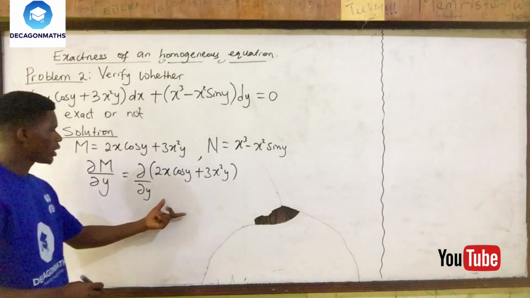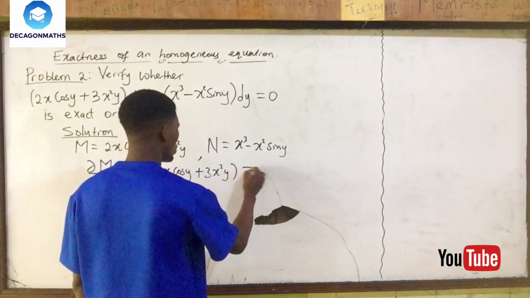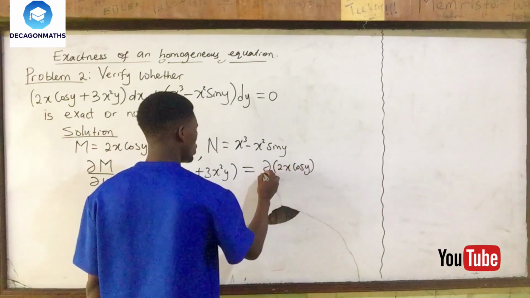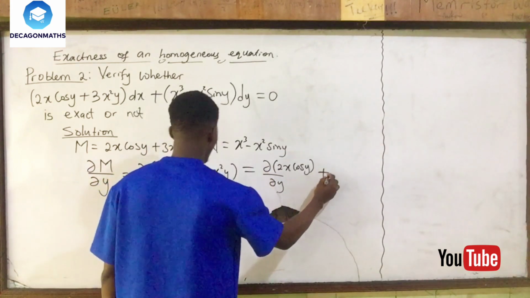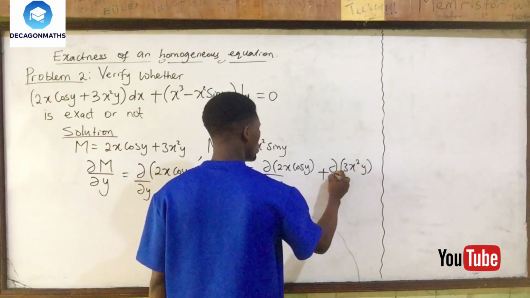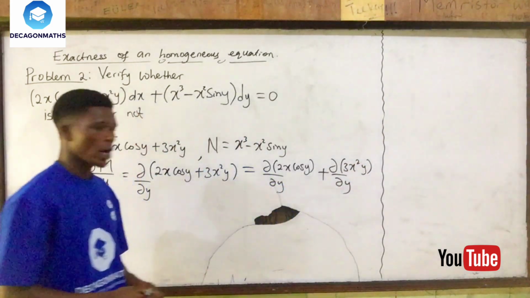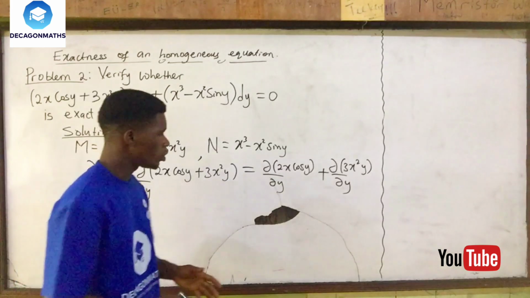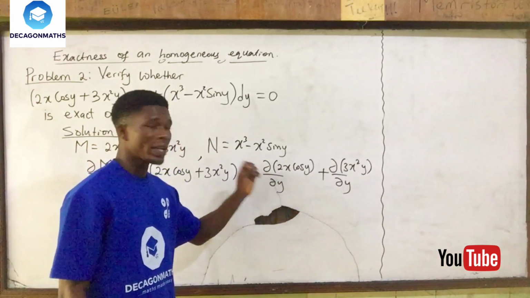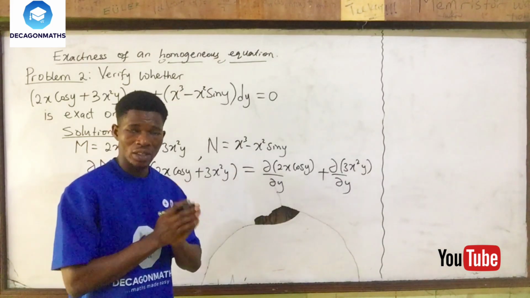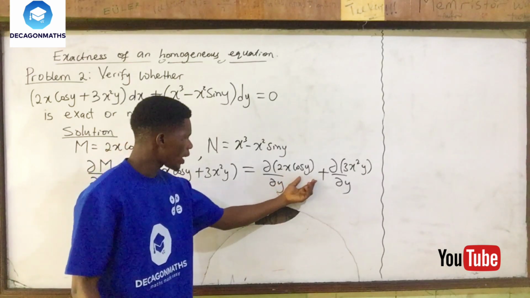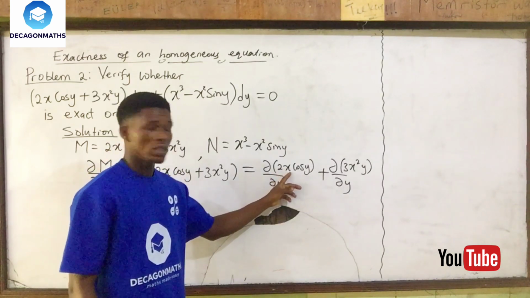This can also be written as the partial derivative of 2x cos y with respect to y plus the partial derivative of 3x squared y with respect to y. I've explained in the previous video that since we are finding the partial derivative with respect to y, anything that has to do with x is taken as a constant. That means in 2x cos y, 2x is a constant.